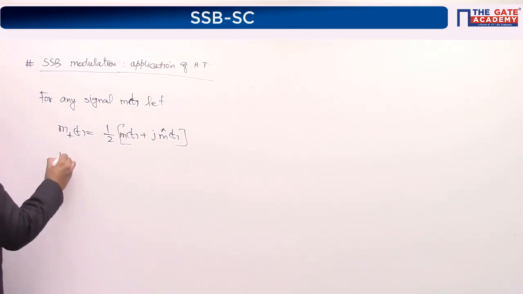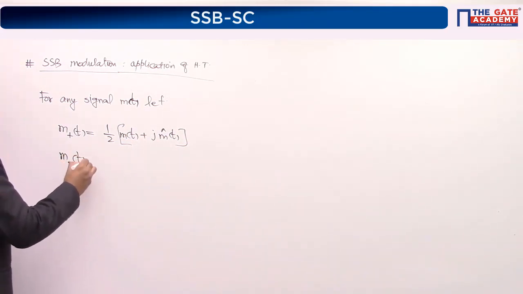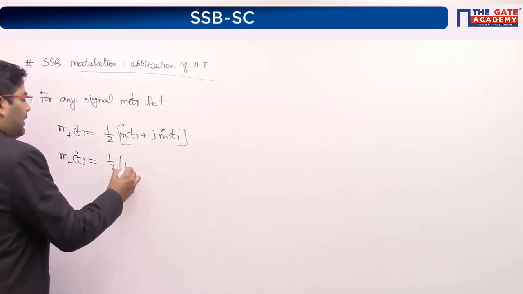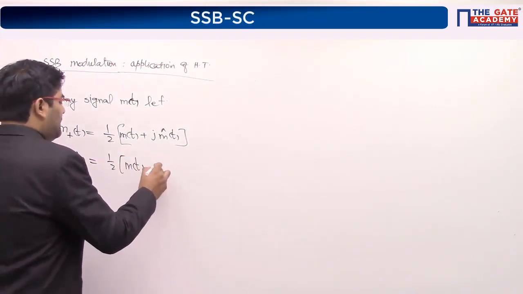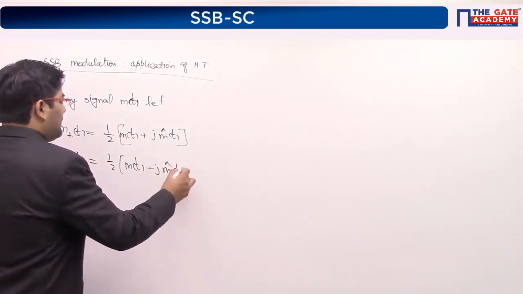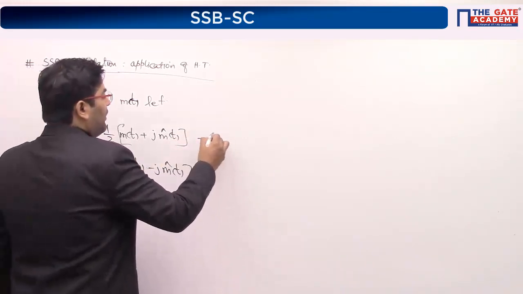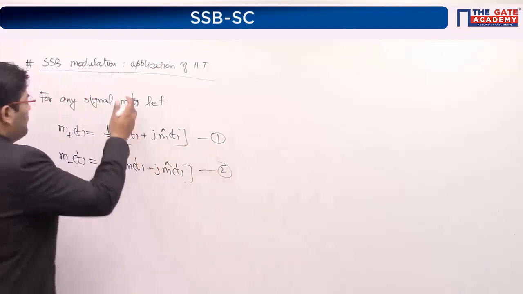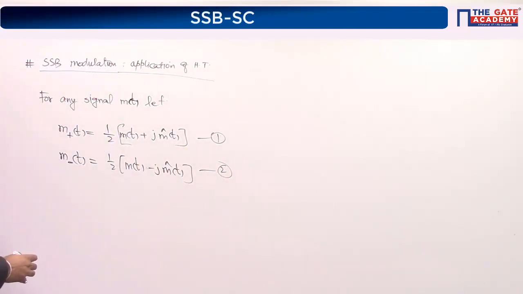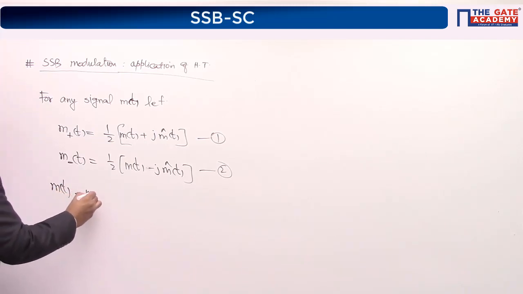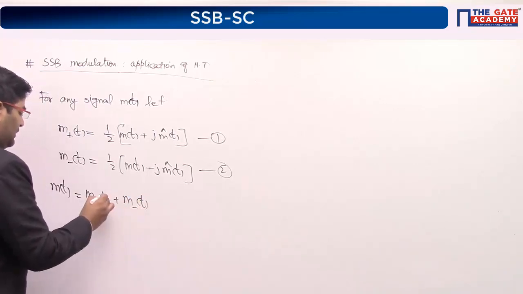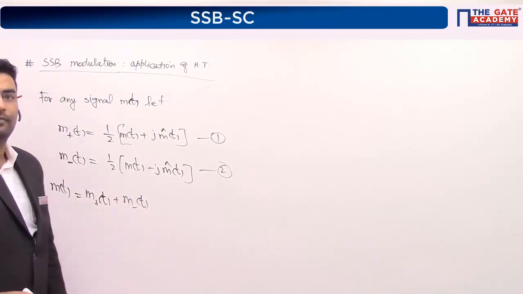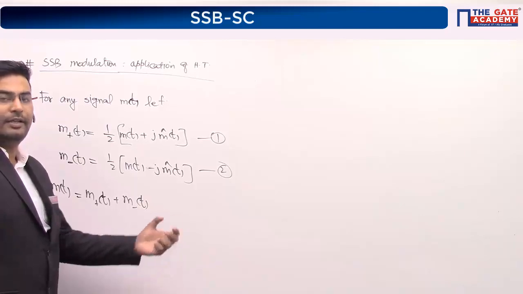Just write for now, don't panic. m minus of t can be written as again half m of t minus j m hat t. If you add these 1 and 2, you will get what? m of t. So you can see that m of t has been split into a combination of m plus t and m minus t. Can you see it, guys? Yes or no? So m of t has been split into two.